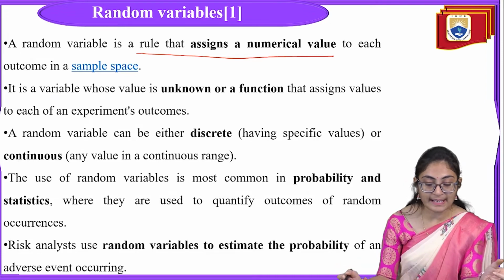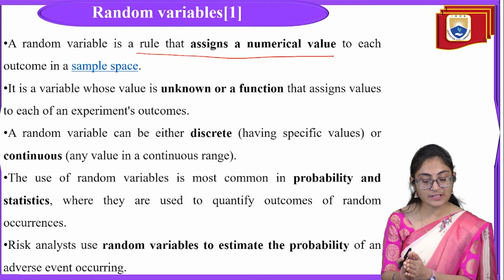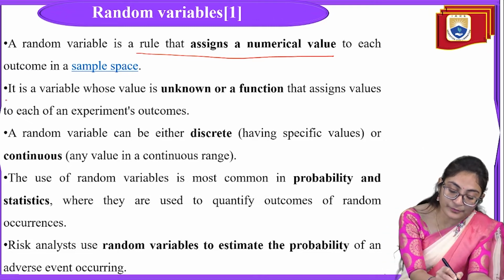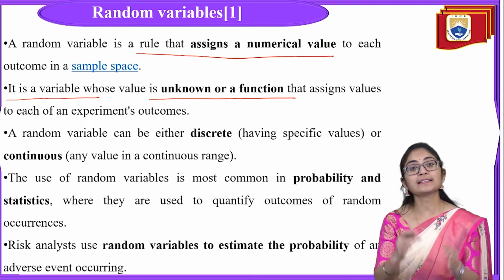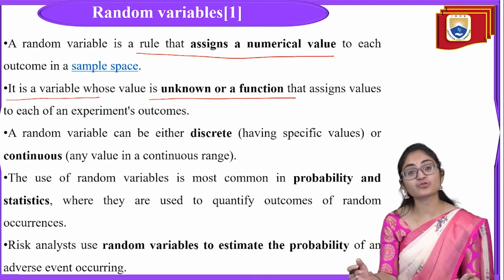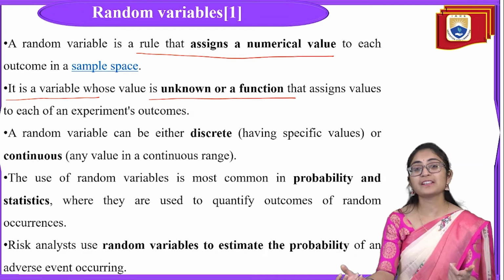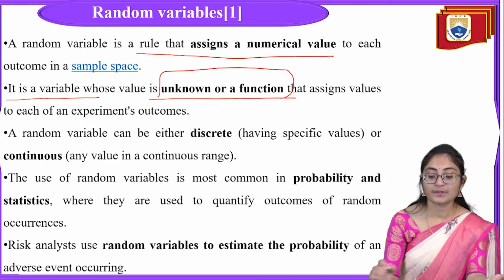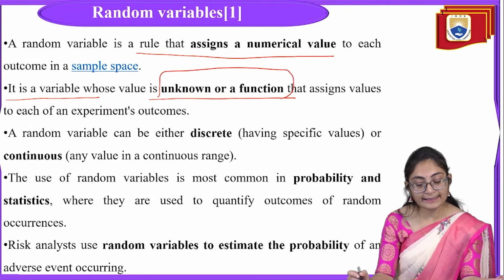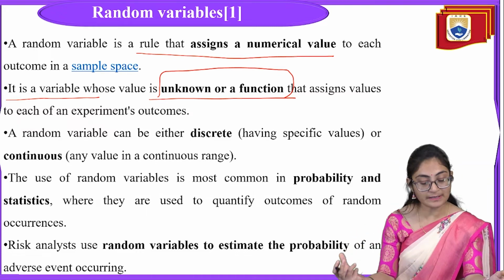That means a random variable is a rule where we can assign some numerical value to our sample space, and it is a variable whose value is unknown, or a function that assigns a value to each of an experiment's outcomes.